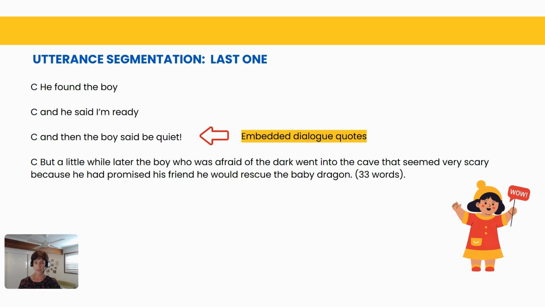Again, one communication unit. And then look at this last one, 33 words. It's a really, really long utterance. So have a quick look and make sure that it makes sense why we actually haven't segmented that phrase into smaller bits.